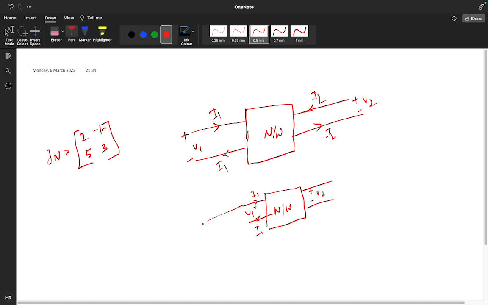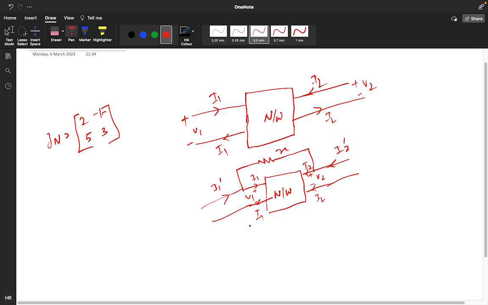Now you are extending the wire somewhere, and you are taking some particular point x. Now this will become your I1 dash current, and from here the current will not be the same. This was I2, and it will become I2 dash current. It's getting split into two different parts, right?